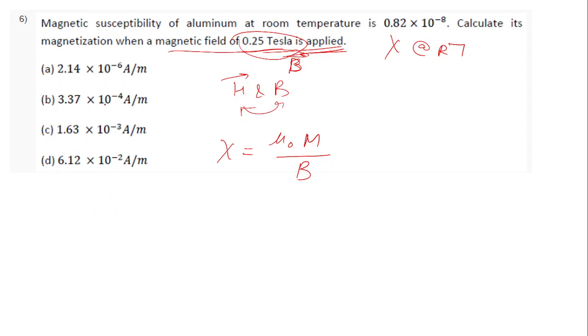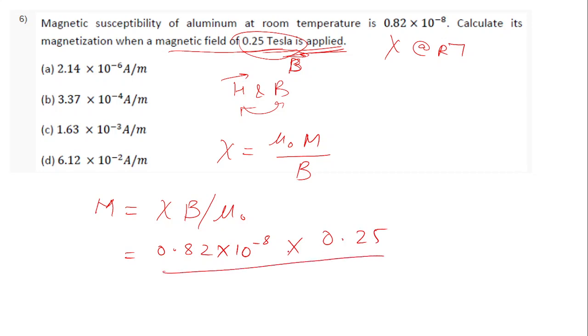You have to calculate magnetization. So magnetization will be chi times B by mu naught, and chi is 0.82 times 10 to the power minus 8. Magnetic field is 0.25 Tesla divided by mu naught. Mu naught is 4 pi 10 to the power minus 7.